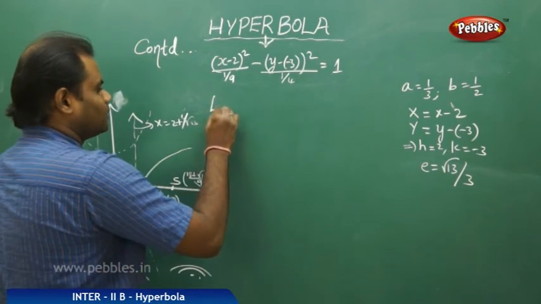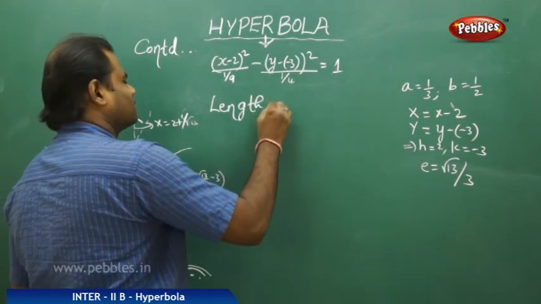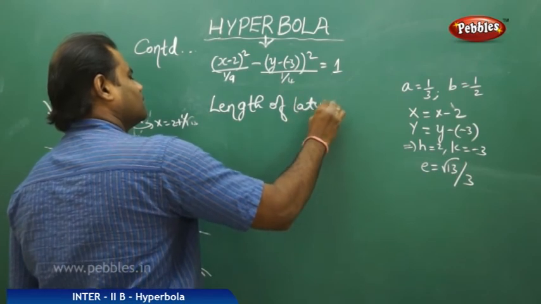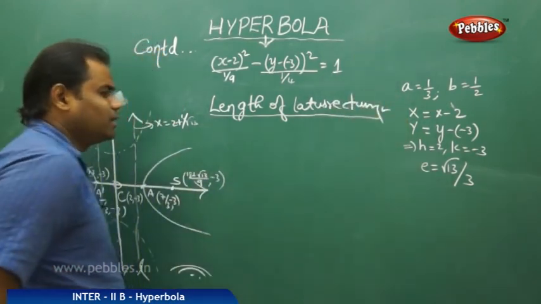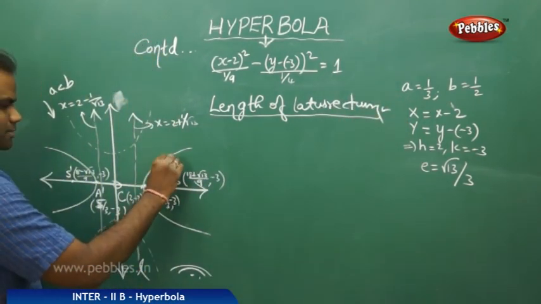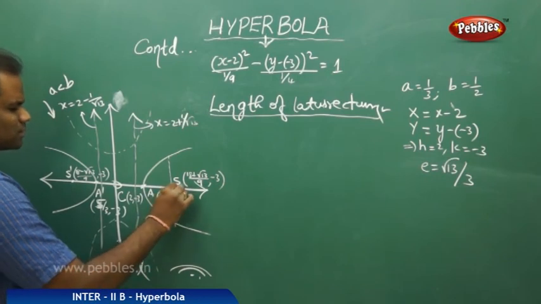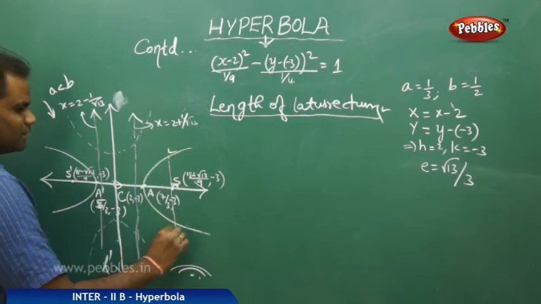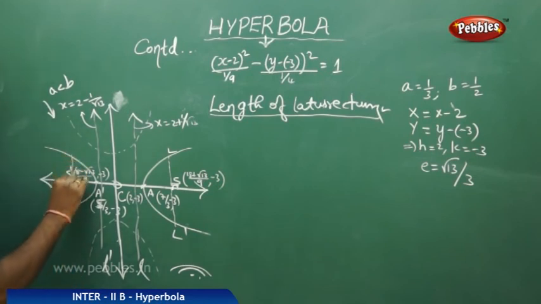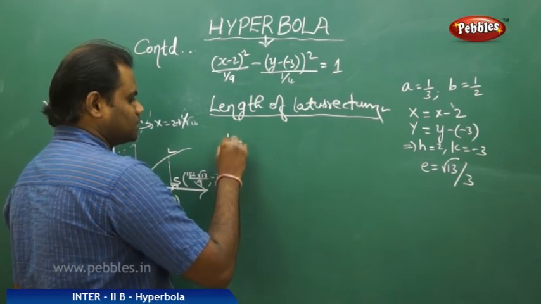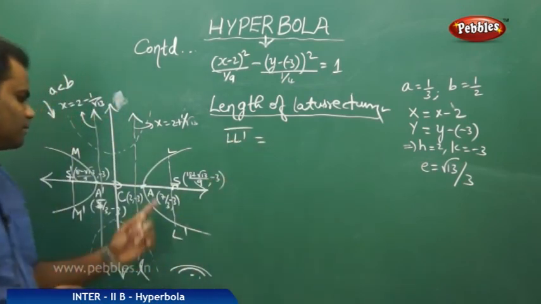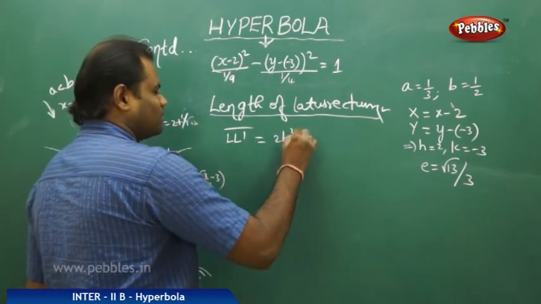Next is the length of latus rectum. The latus rectum is a line which passes through the focus and is perpendicular to the axis, that is L, L dash. The other latus rectum is M, M dash. So there are two latera recta, L, L dash and M, M dash. The length L, L dash is given by the formula 2b square by a.